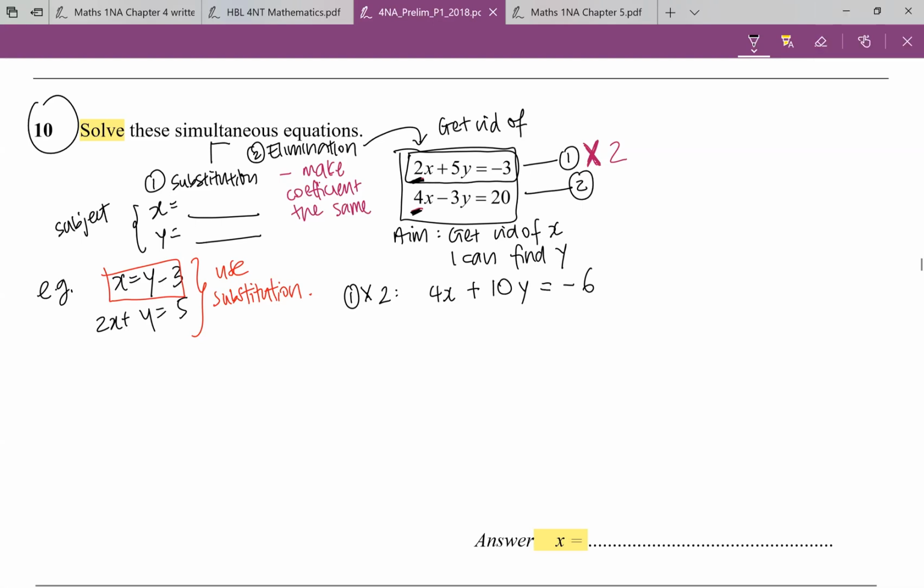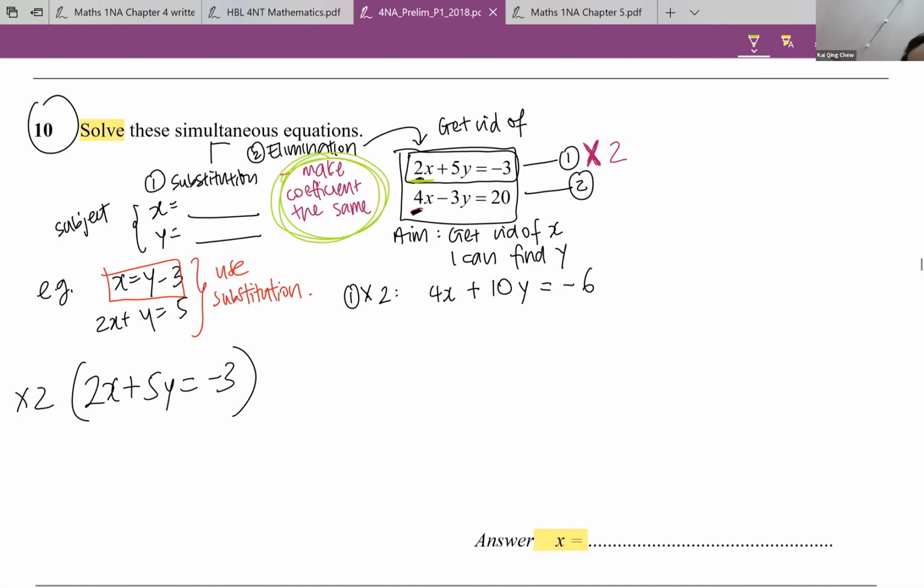You see, I have 2x plus 5y equals negative 3, the first equation. The whole thing I want to times 2. Why? Because just like I said, my aim is to make the coefficient the same. The coefficient means the number beside x.